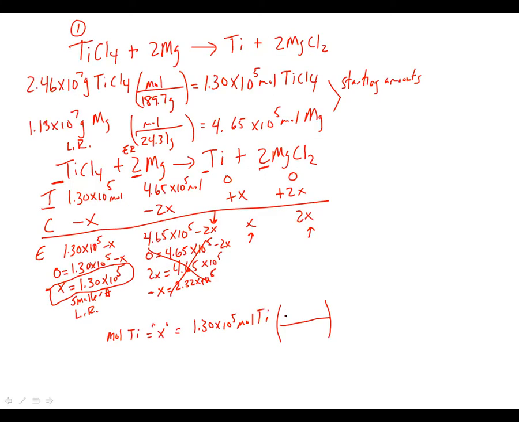So it's 47.88 grams per mole. And that would get us 6.22 times 10 to the 6 grams of Ti. This right here, again, when you calculate it from the equation, is our theoretical yield.